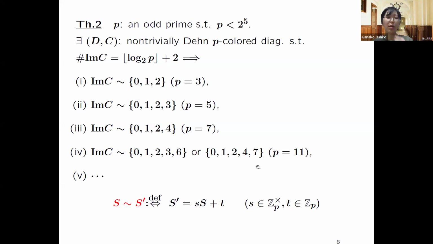So this theorem means we can obtain the candidates of colors which might give non-trivial Dehn p-colored diagrams.